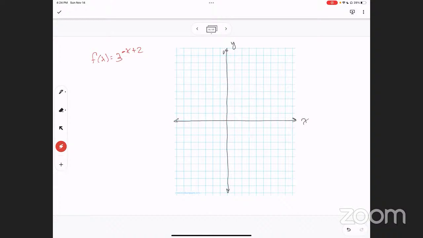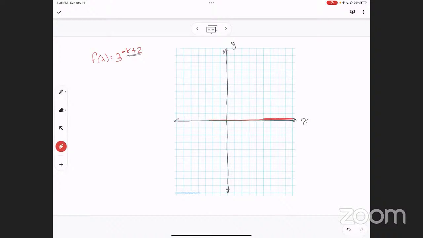So is this shifting at all? Does this negative or this 2 shift the asymptote at all or no? Okay, where do you think it shifts it? The answer is actually no, it doesn't shift it, because this only shifts things horizontally.